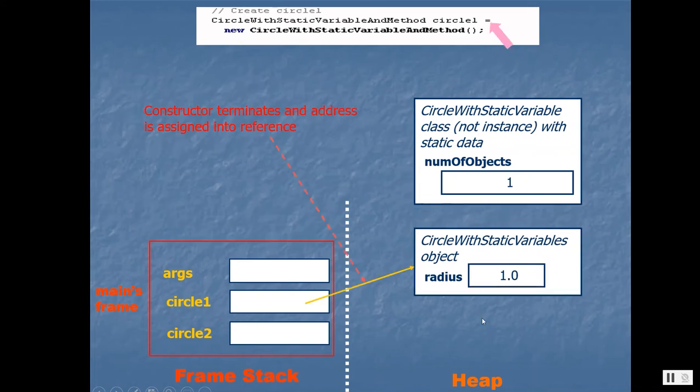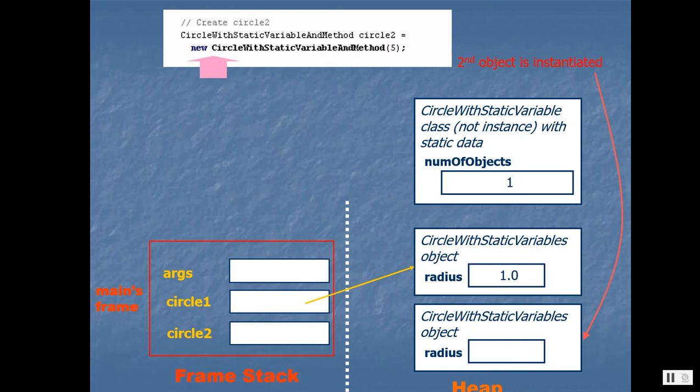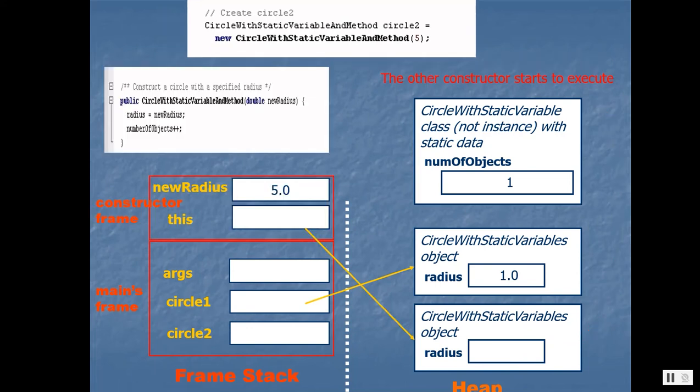Now, when we get to our second instantiation, a whole other instance is being created on the heap based on the new keyword. And of course, the constructor is going to be invoked. This time it's the overloaded constructor because we passed an argument.